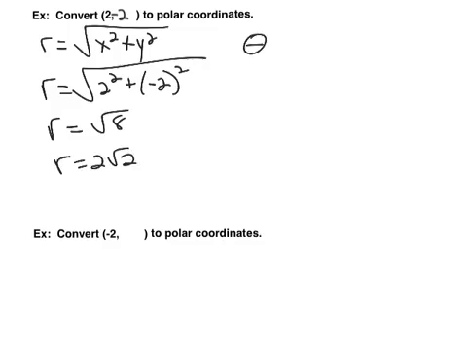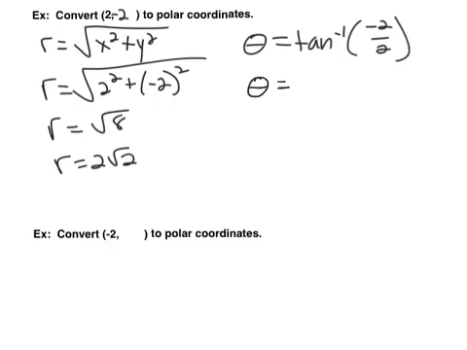Theta is going to be the inverse tangent of negative 2 over 2. Now, we're going to talk about this more in class. You have to be careful when you use your calculator to find the angle, because you have to look at this and see which quadrant it's in. The point with x of 2 and y of negative 2 is in the fourth quadrant. So if you put that in your calculator, you're going to get a value of negative 45 degrees. That's okay, because it's a fourth quadrant angle.